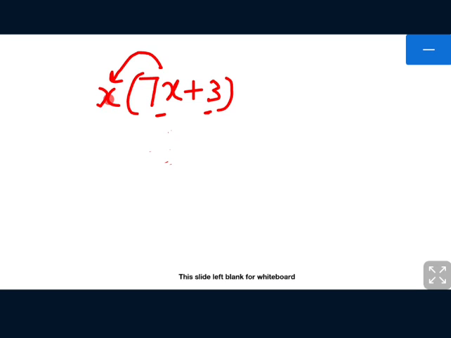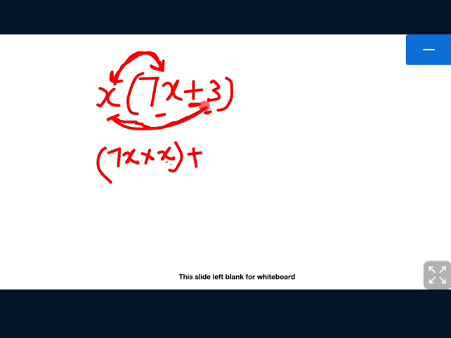So first you have to write down 7x multiplied by x, plus, because there's a plus sign here, x multiplied by 3. First you multiply x with the first term, then multiply x with the second term, that is the 3.